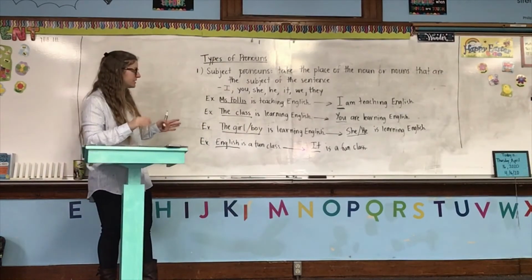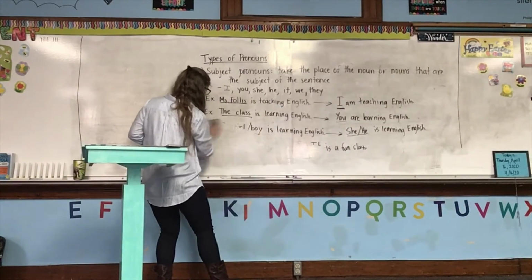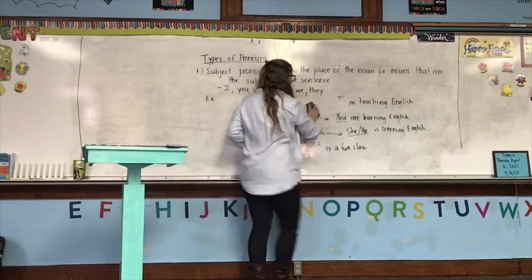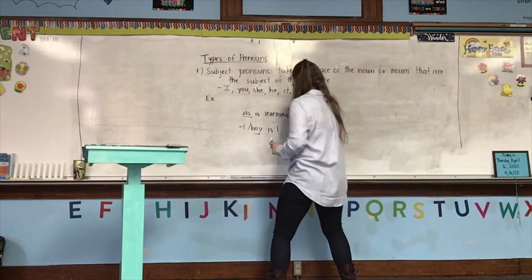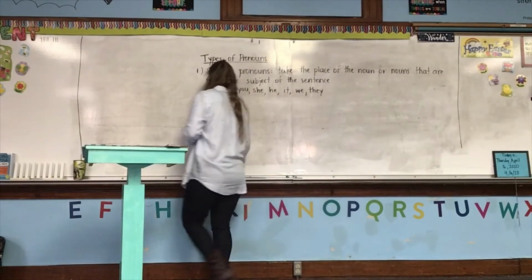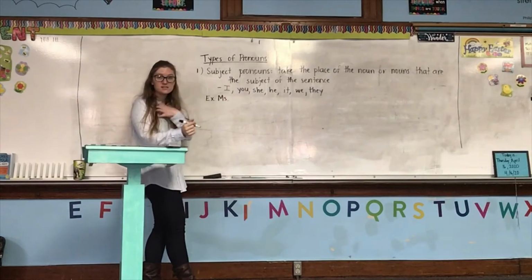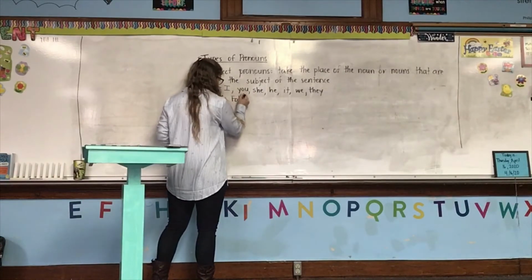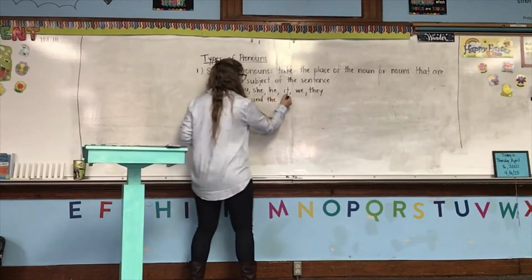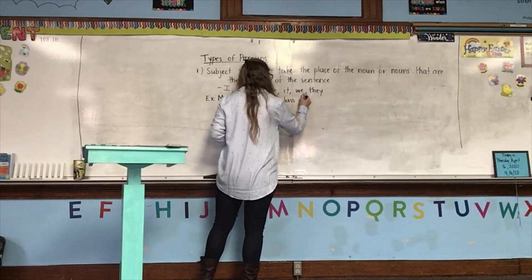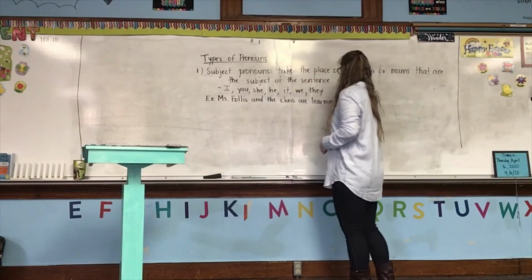Okay, now I'm going to erase to do we and they. If I wanted to say Ms. Folis for me, and the class for you guys, so Ms. Folis and the class are learning.